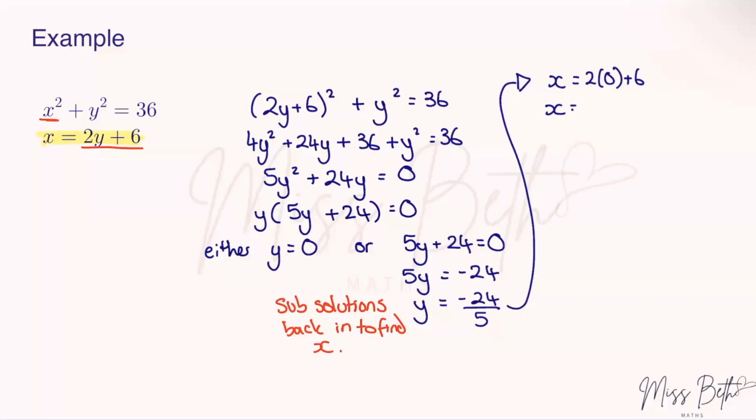So x would be equal to 6 for this, or x is equal to 2 lots of negative 24 over 5 plus 6. So that would be x is equal to negative 18 over 5.